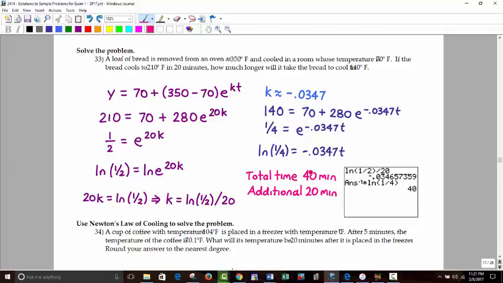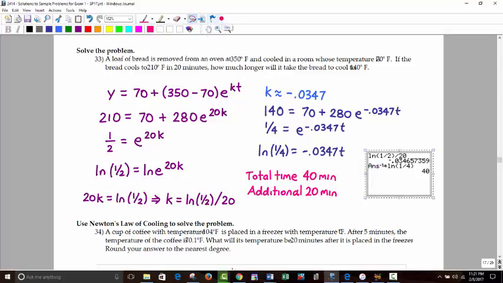So what we're saying here is that it took 40 minutes for the bread to get down to that temperature. However, that doesn't really answer the question. The answer is how much longer it's taking, which is 20 minutes. In other words, 20 originally plus another 20 makes 40. So that second 20 is what the answer to the question is.